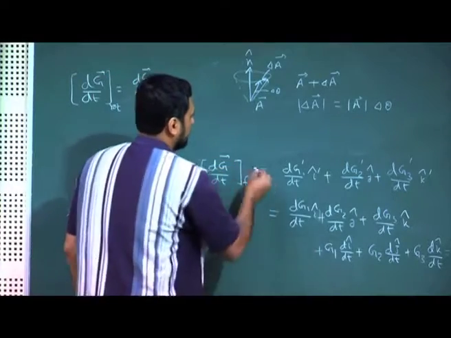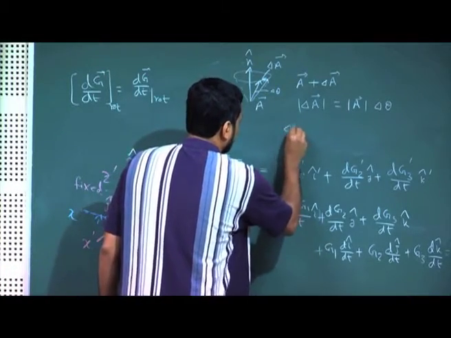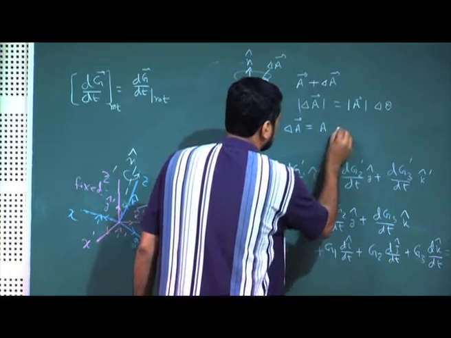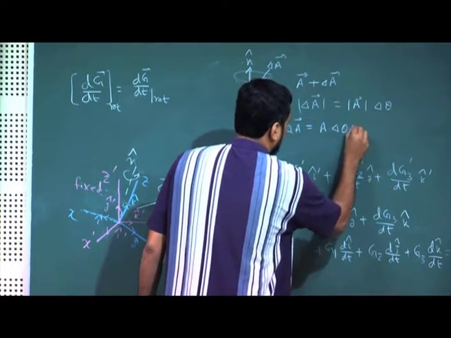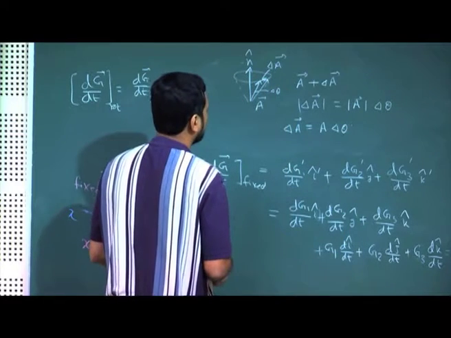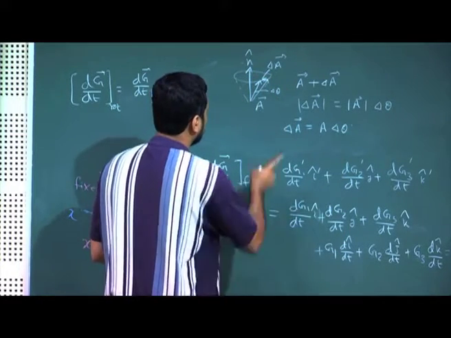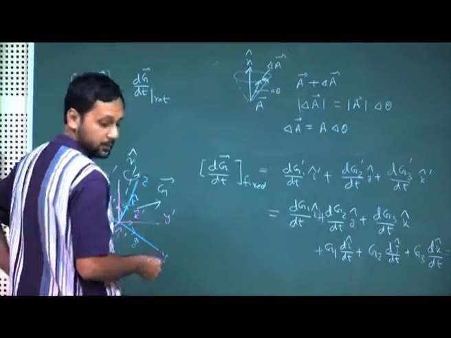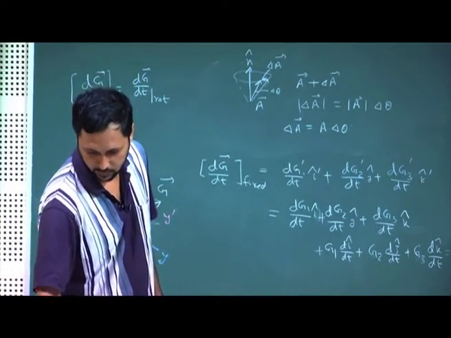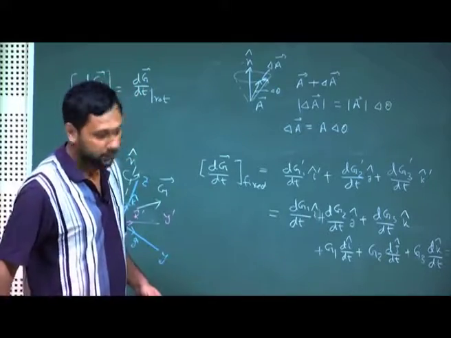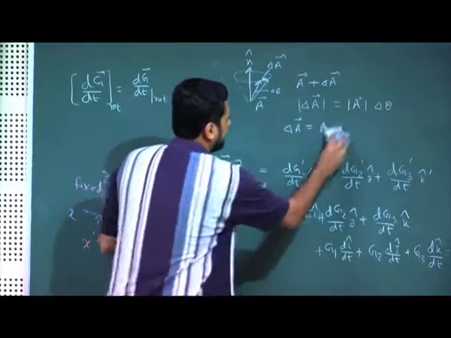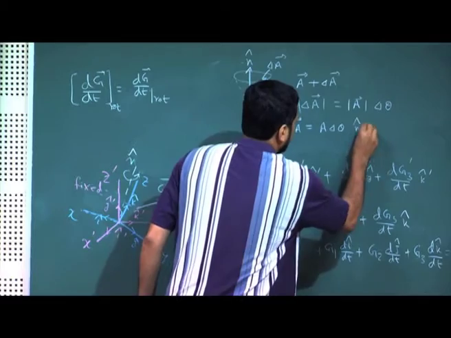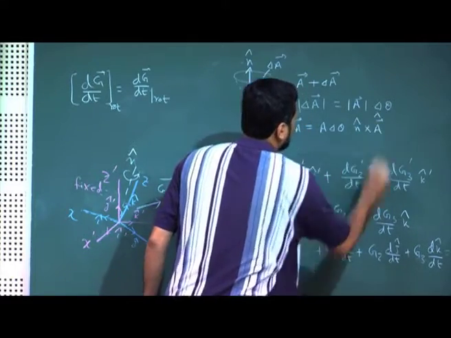So, in the same line of thinking we can write the magnitude of delta A as A delta theta, and the direction will be n cross A cap, right.